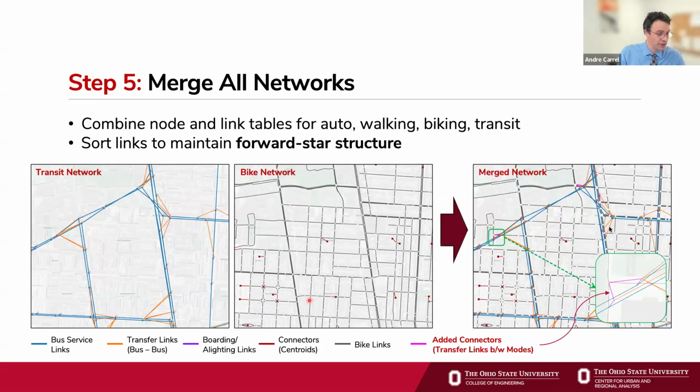Okay, so tolling information can be added as an attribute of a link, and the allowed uses field can be used to specify the modes that can use a link. When we're doing routing with DTA Lite, those mode-specific attributes can then be configured. There's a configuration file in DTA Lite that allows us to specify those mode-specific attributes.